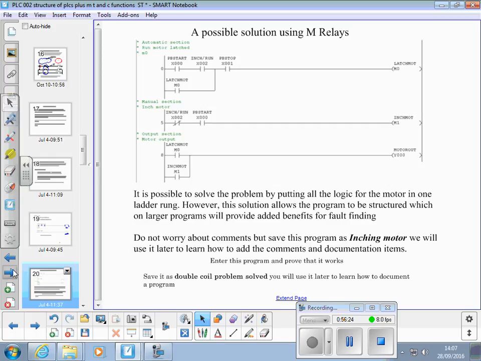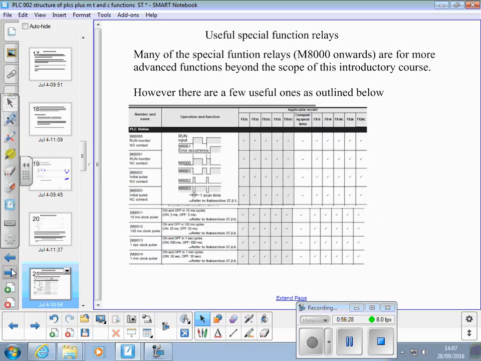Okay, not much longer before we take a little break, and then you can have a go at the practical for the week. These special function relays, M8000 onwards, we won't use many of them, but you might have a need to use one or two of these early ones. Difficult to see on here, but look at your notes. M8000 is run monitor, normally open.